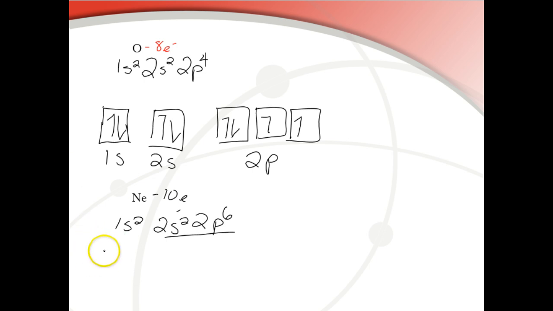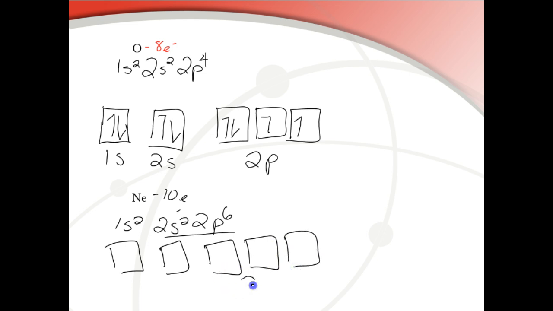The orbital diagram is much the same as oxygen, except now we have 2 extra electrons. So the 1s has 2 electrons, the 2s has 2 electrons, and then the 2p is fully filled, right? No room for electrons. Neon is happy being a monatomic thing.